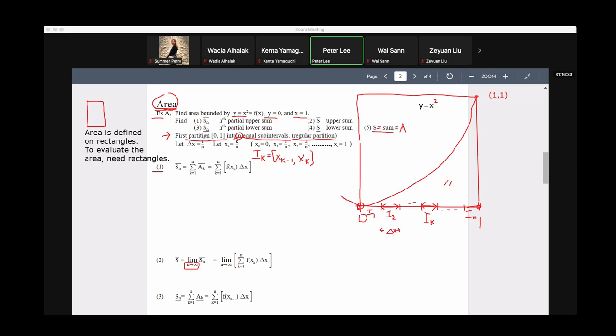Delta x is actually equal to 1 over n. The length of the entire interval is 1, and we have chopped it up into n intervals. So the length of each interval is now 1 over n. The length of I1 is 1 over n, and the length of I2 is 1 over n. The length of each interval is delta x.